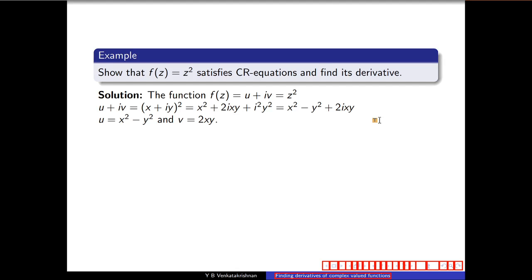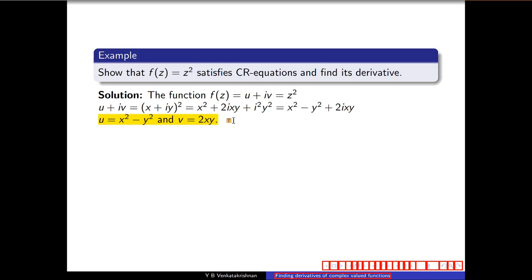I assume u plus iv is z squared, and z, you know, is x plus iy. When I expand x plus iy whole square and equate the real and imaginary parts, we get u is equal to x squared minus y squared, and the imaginary part v is equal to 2xy.